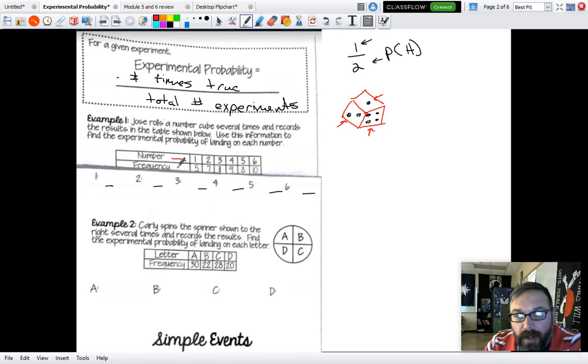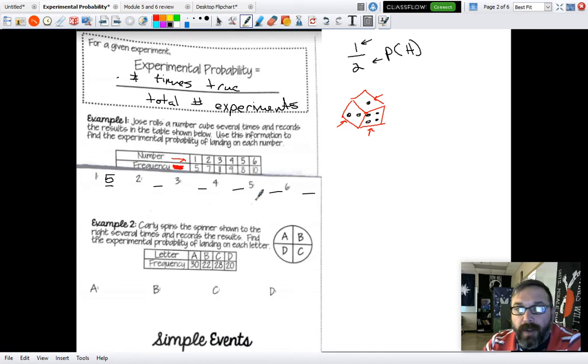Make sense? Frequency is going to be how many times it landed on it. That would be the number of times it was true. So landing on 5, the number of times true is 5.